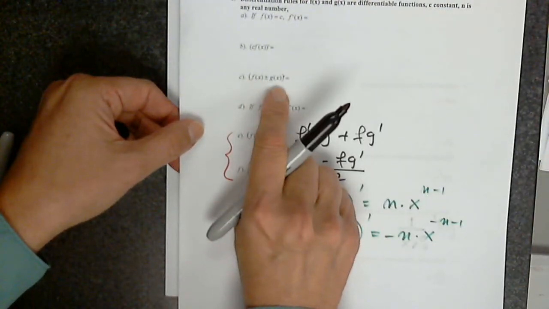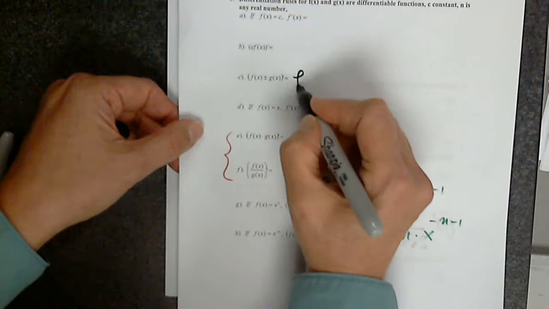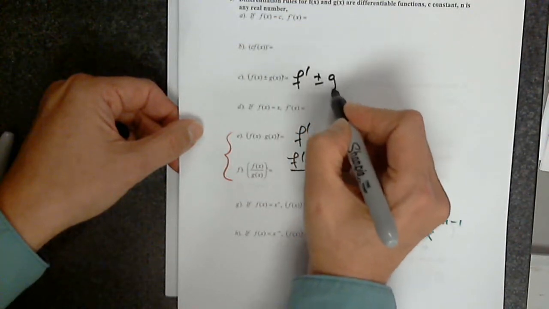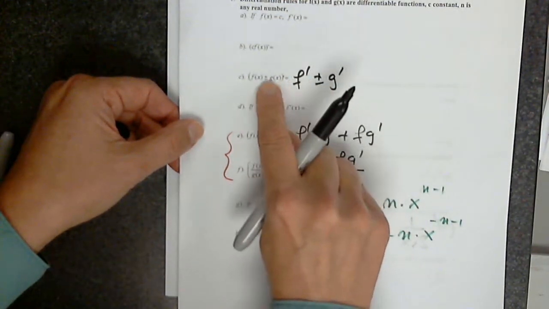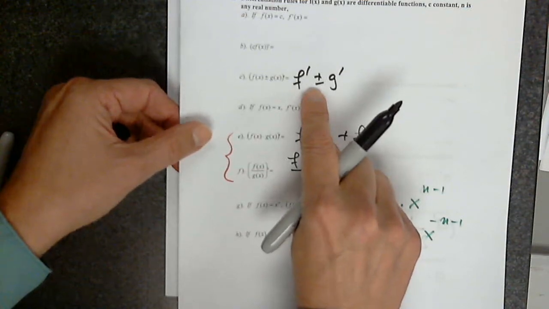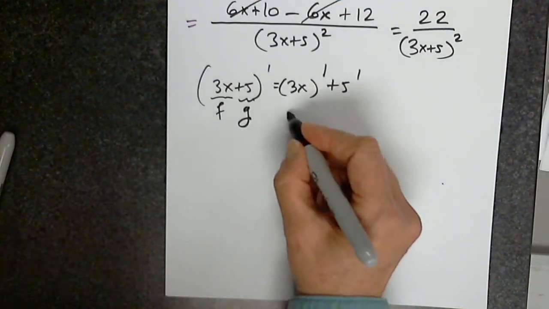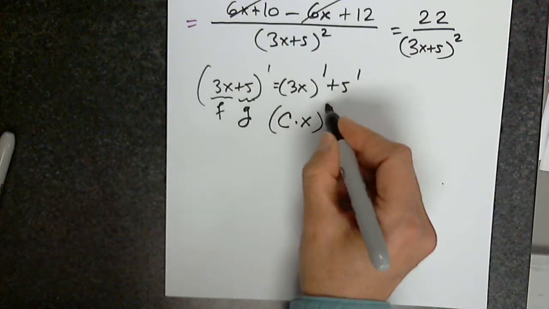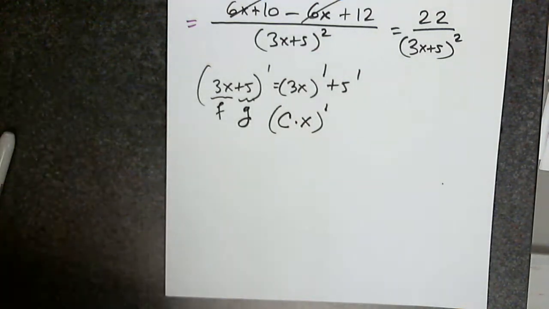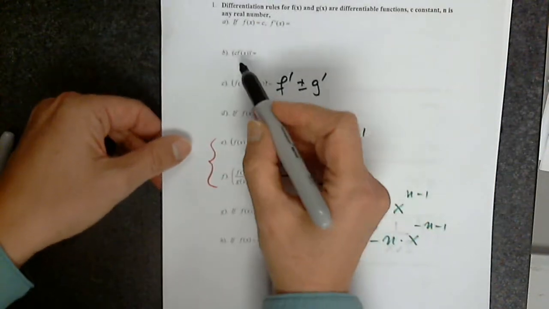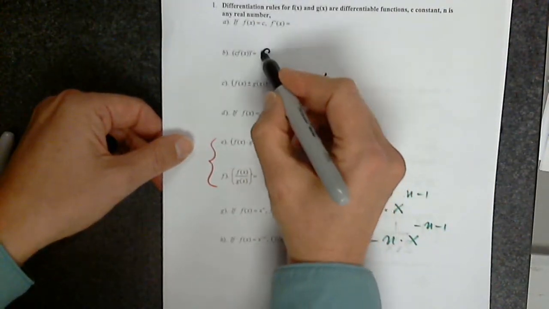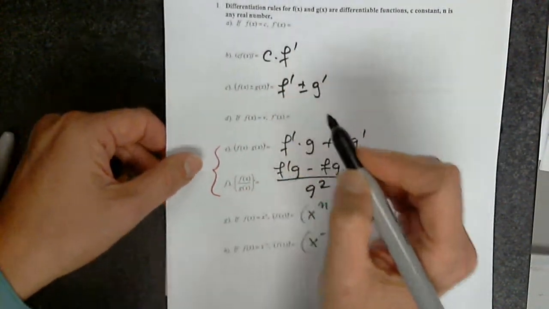So f plus g prime or f minus g prime is f prime plus or minus g prime. If it's plus, it's plus. If it's minus, it's minus. Correct so far? Okay. So now I'm asking myself, how do I differentiate this? Because this is a constant times x prime. And I have a rule for that too. A constant times a function prime is c times f prime.